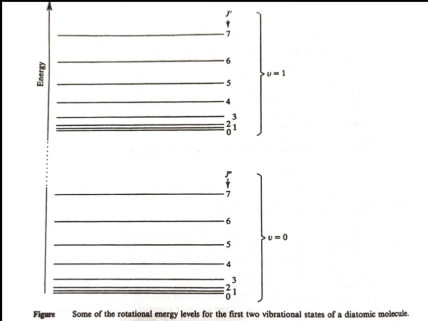These are the rotational energy levels, or the rotational quantum numbers. For the ground state, the rotational quantum number is represented by J double prime. In the same way, there are energy levels placed inside the V is equal to 1 state, and those are given by the J prime notation. So J prime is equal to 0, 1, 2, 3.